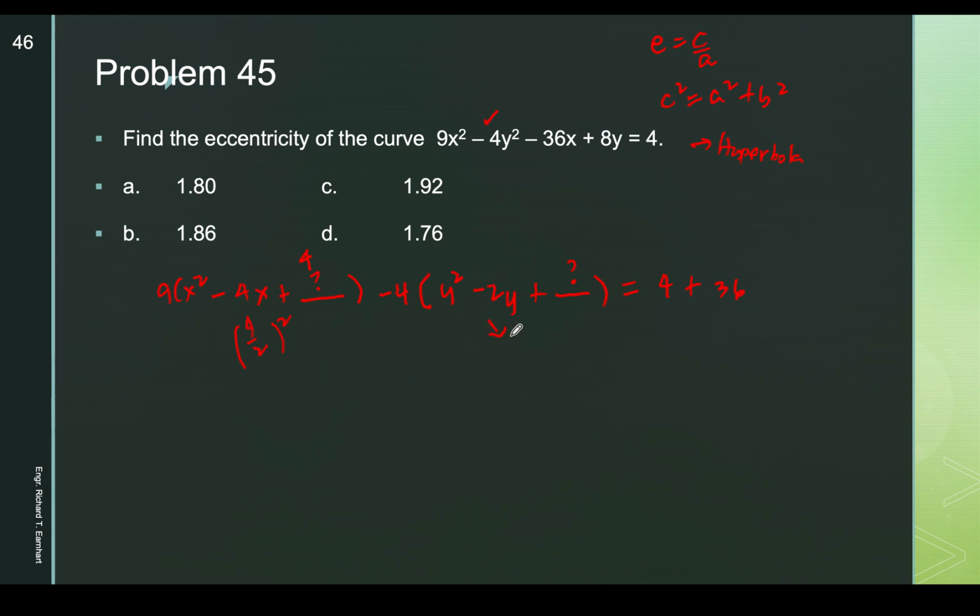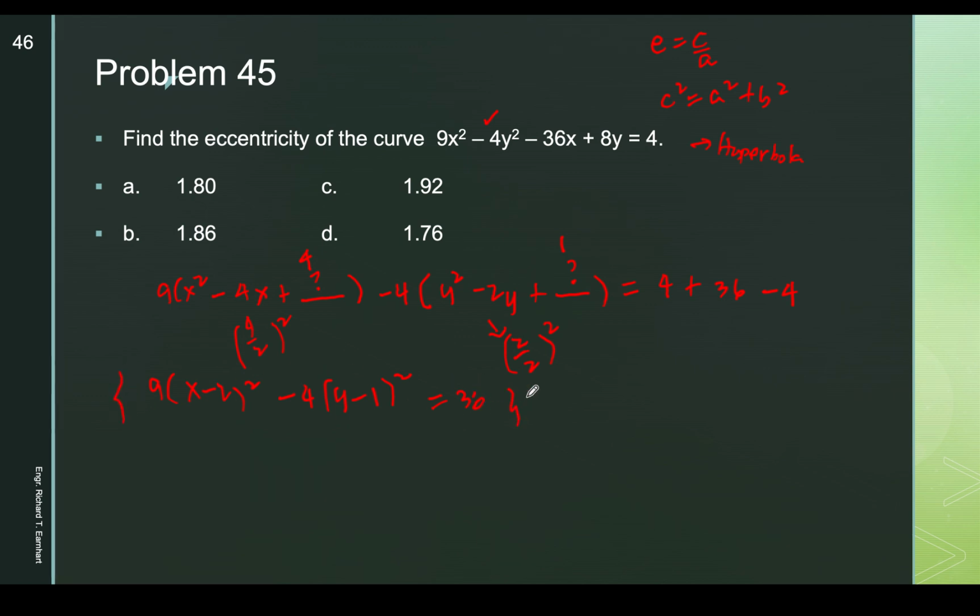And 2 divided by 2 quantity squared, so that will be 1 squared, so 1. Negative 4 plus 1, so add negative 4 here. And then this is now x minus 2 quantity squared minus 4 y minus 1 quantity squared. And then we have 36 here.